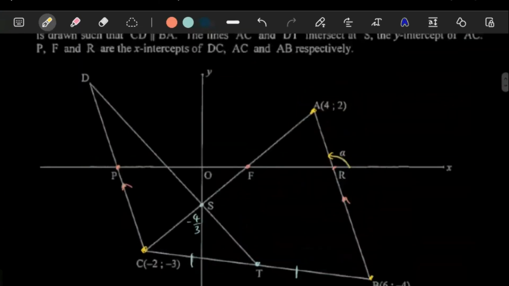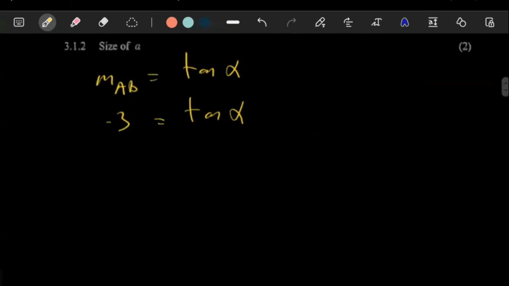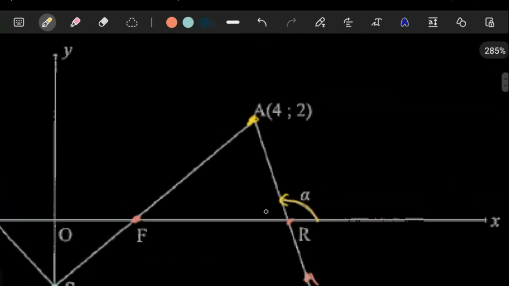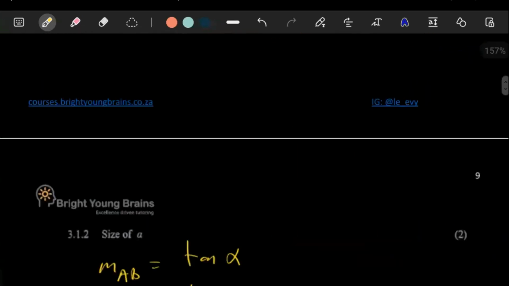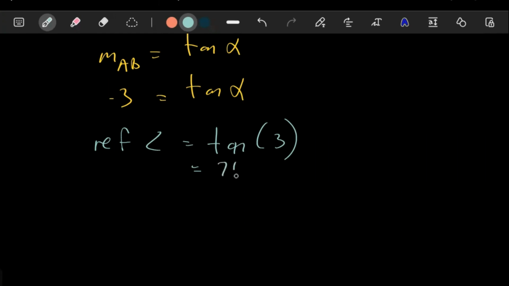The thing is, one side is acute, the other side is obtuse. So whatever you do, you have to get a reference angle by using the number 3. You're going to say shift tan, you put 3 as a positive number, because whenever you get a reference angle, you always have to use a positive value. You're getting 71.57.